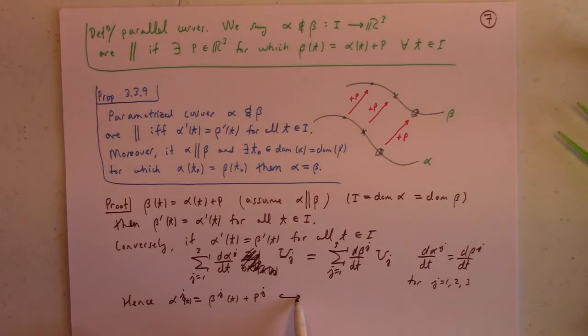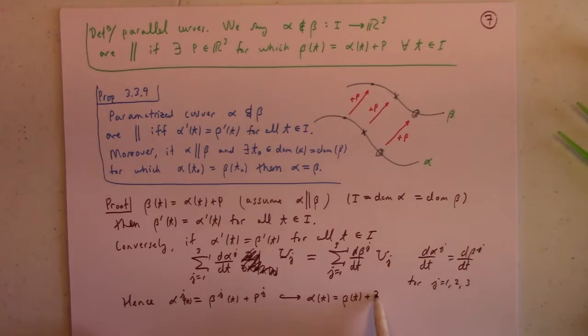And of course, in terms of the curves, that's alpha of t is equal to beta of t plus p. Perhaps I put my beta and alpha on the wrong side, but that's easy enough to fix. You can switch and minus. And there you go, that's the if and only if.